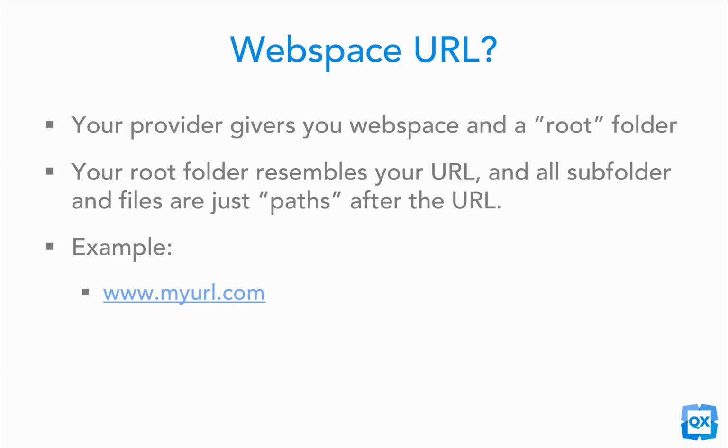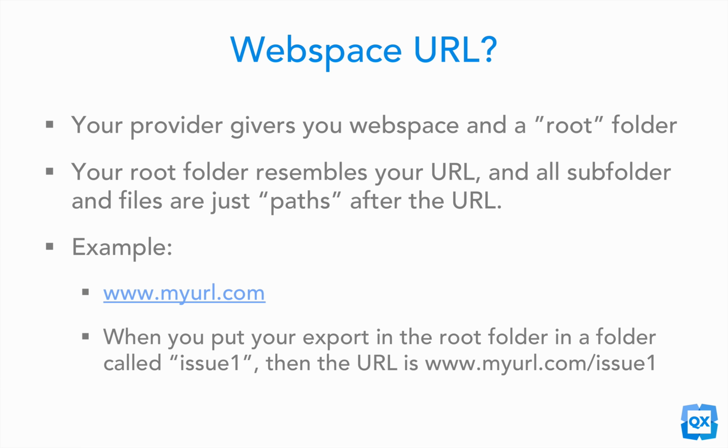So for example, if you have myurl.com and you put your export into that root folder, and in there is a folder called issue1, then the URL is myurl/issue1.